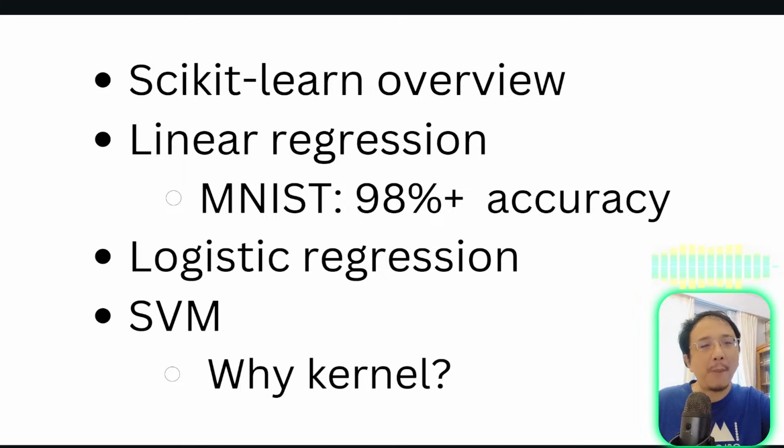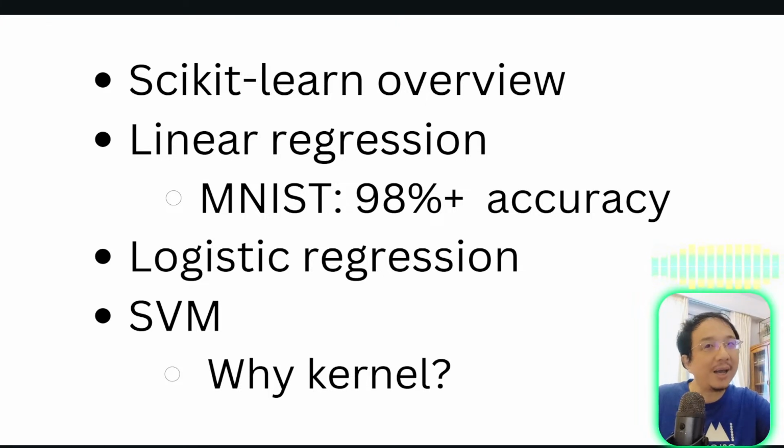However, if you apply the logistic regression algorithm naively on the MNIST dataset, you'll only get something like 90-91% accuracy, which is lower than our baseline nearest neighbor method from week 3, and also lower than the wrong method, the linear regression method, with which we can eventually achieve 98% plus accuracy.